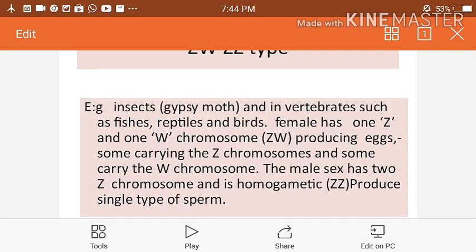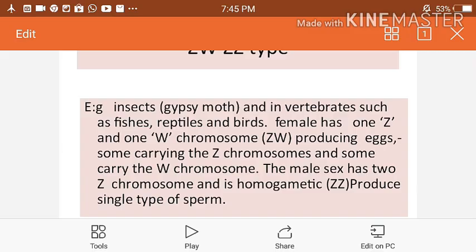Now here it is a ZW, ZZ type. In this, the sex determination is observed in gypsy moth, that is insect, and certain vertebrates, fishes, reptiles and birds. The female has the capacity to produce two types of egg because it is heterogametic. It produces one with Z chromosome egg and another with W chromosome egg.